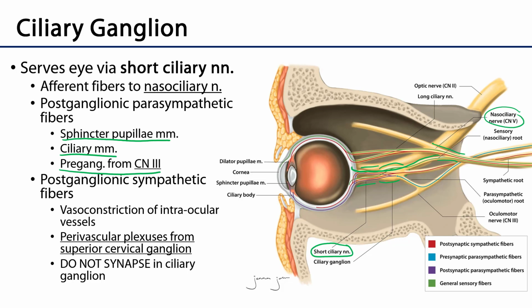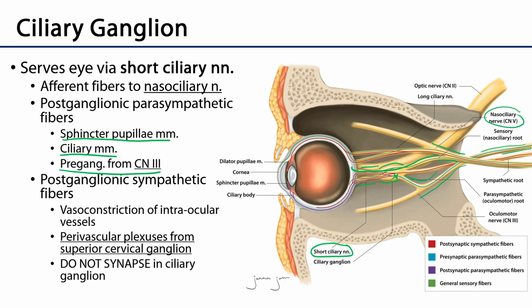The preganglionic fibers that are going out to serve those targets are coming from, recall, the oculomotor nerve. So cranial nerve 3 is here. We can see that. And these light blue fibers are coming through and they are synapsing here in the ciliary ganglion.